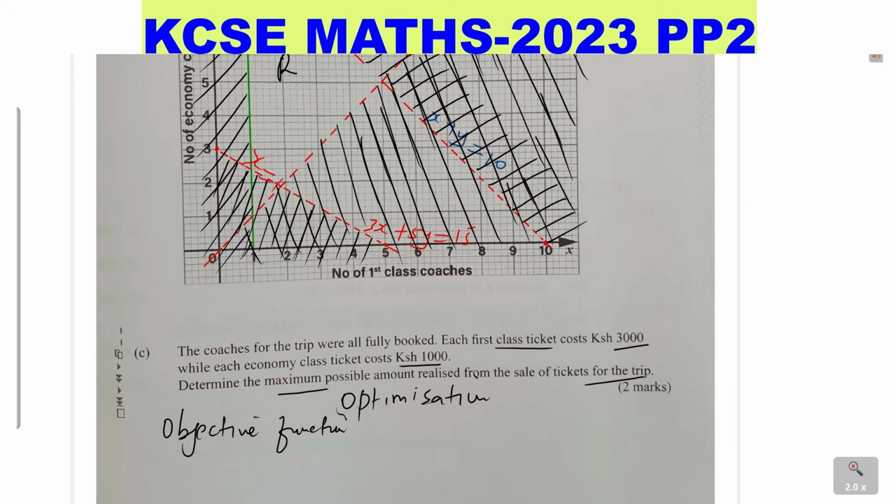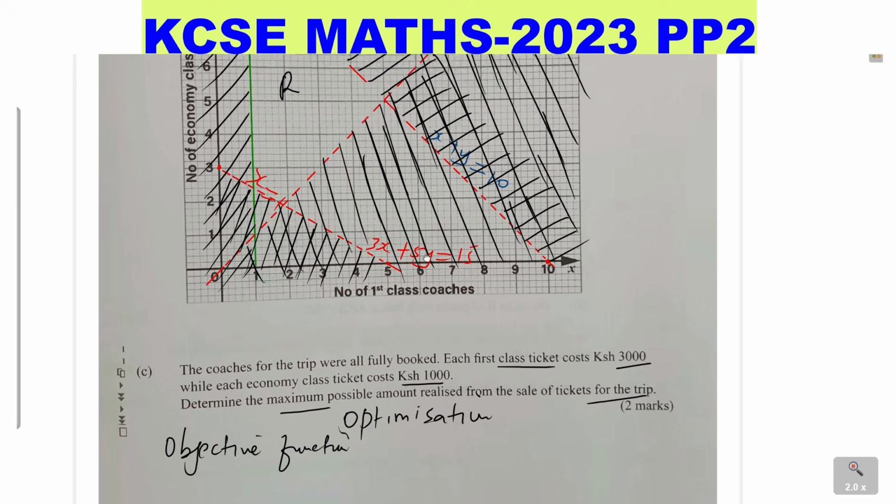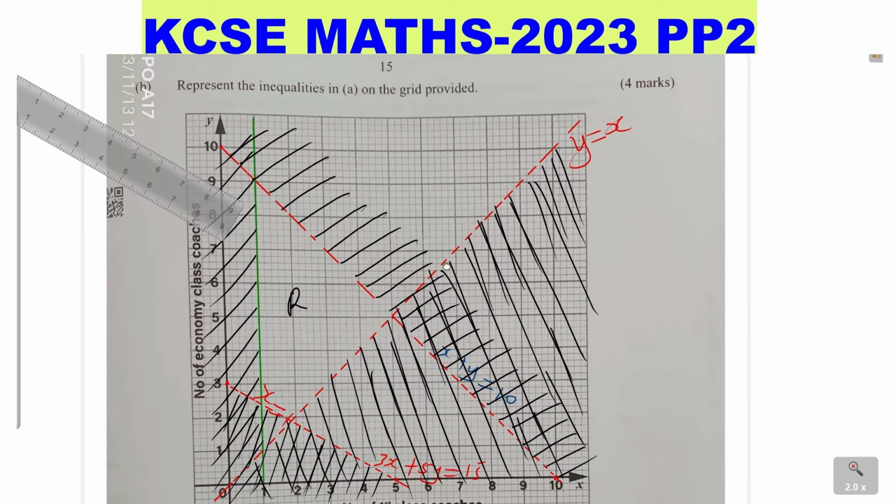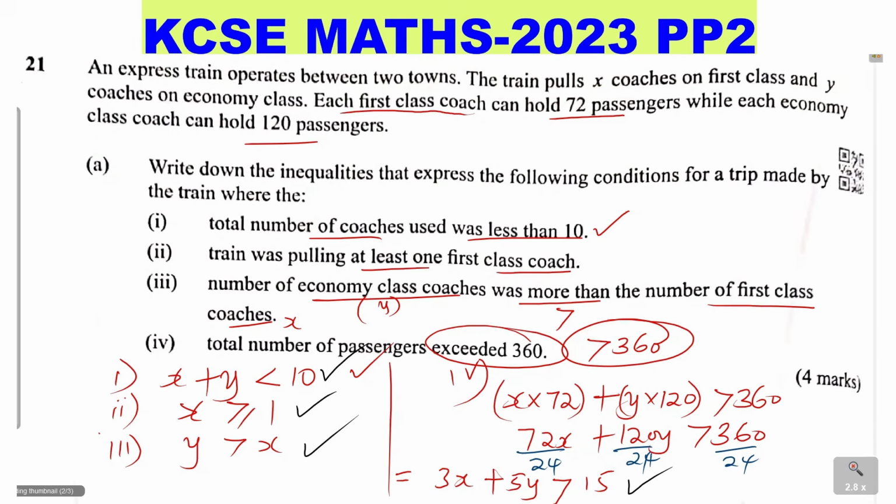Each first class ticket cost 3,000 shillings. Remember, the number of coaches for first class was represented by X. And each first class coach was carrying how many passengers? Go back there. From the first part of the question, it was carrying 72 passengers. Then economy class was carrying 120 passengers.